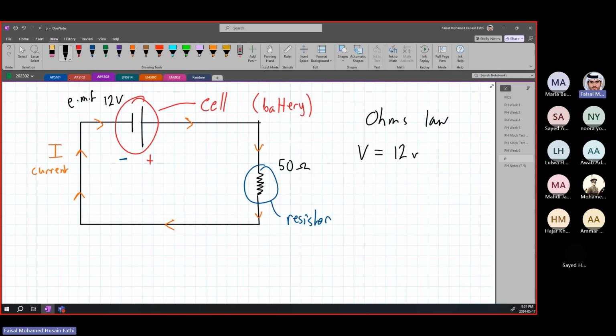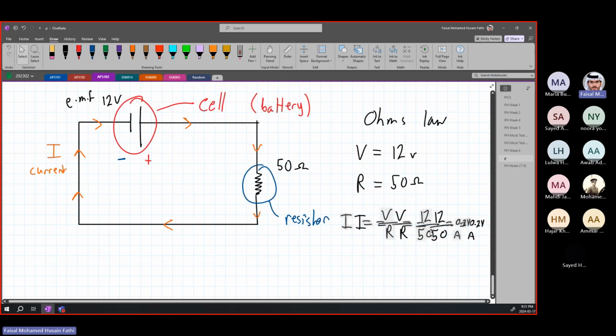And we have our resistance R, which is given to us as 50 ohms. How can we find current? Current is equal to V divided by R, which is 12 divided by 50, which is going to be 0.24 amperes.